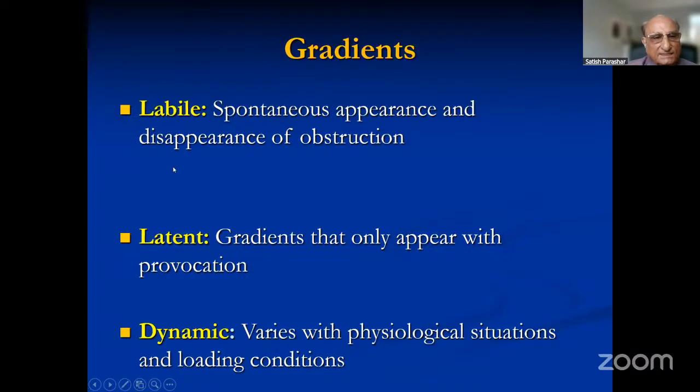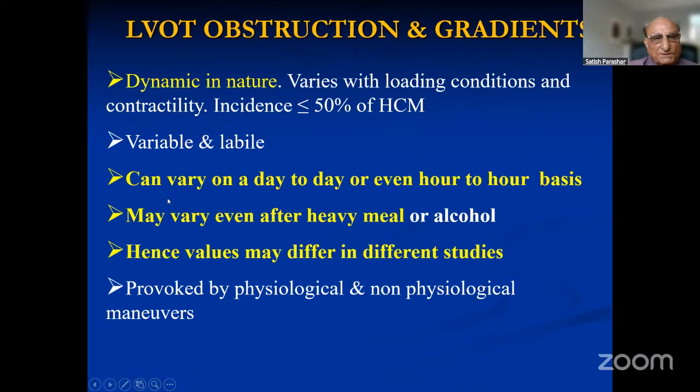So these are the three common types of gradient seen, and they can vary from day to day or even hour to hour, and may vary even after a heavy meal or alcohol. Hence, values may differ in different studies, so you should not force yourself to give a report matching the previous one, where it can be different also. This is the most common type of gradient.